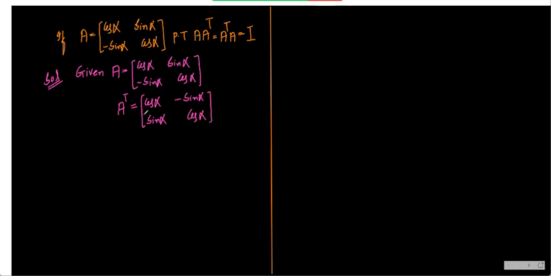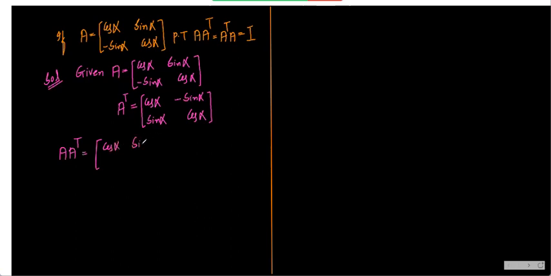Now we have to multiply these two matrices and show that it is equal to identity matrix, which is 1 0 0 1. Let me check it. You have to multiply A into A transpose, which is cos alpha, sin alpha.